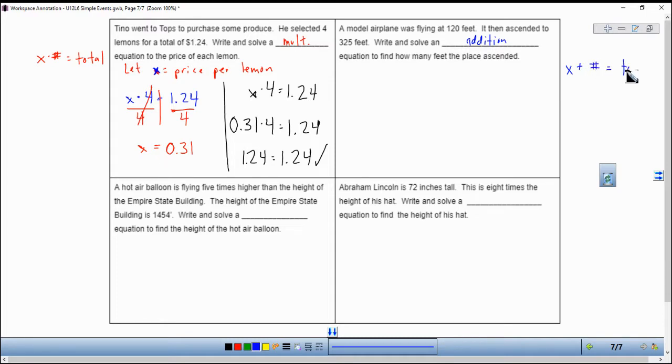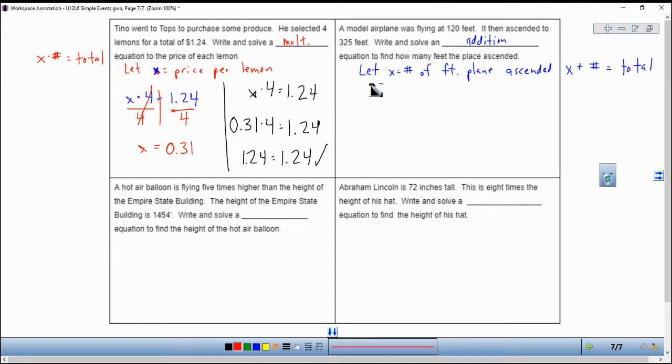So sort of similar to multiplication, but instead of multiplying, we're adding. So we need a let statement. We're going to let x equal the number of feet the plane ascended, which means how much it rose in the air.